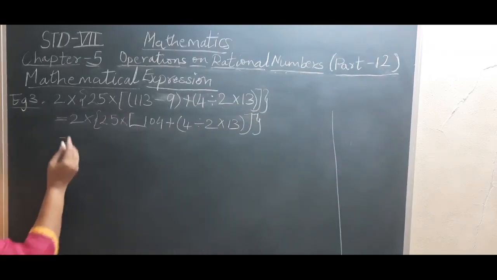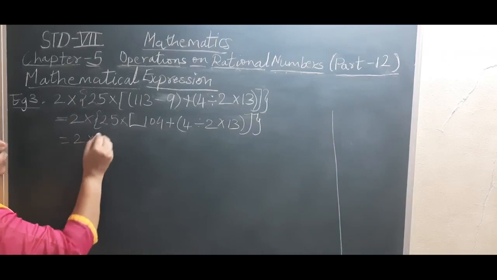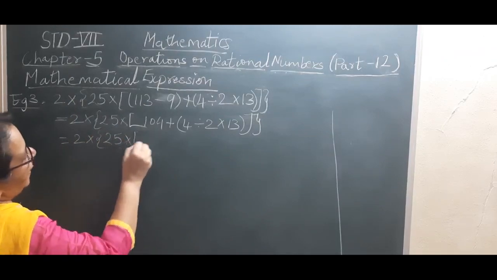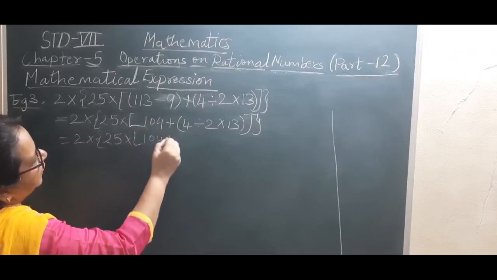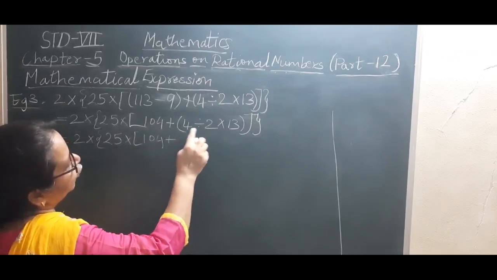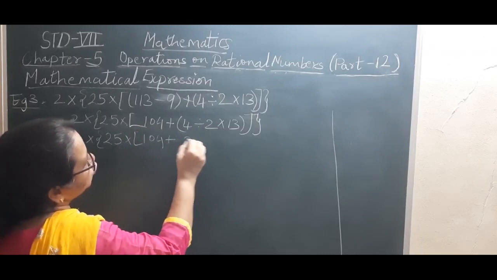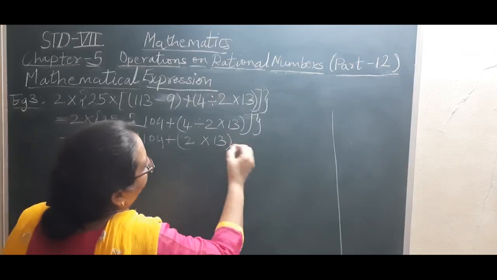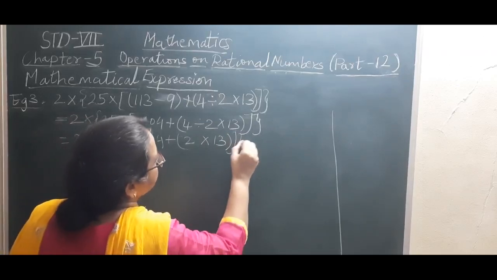Now in the second step again we are going to write 2 into 25 into square bracket 104 plus, now the second round bracket we are going to solve, that is 4 divided by 2 is 2, into 13 we are going to write as it is and close all the three brackets.